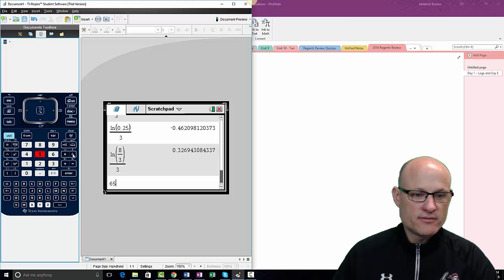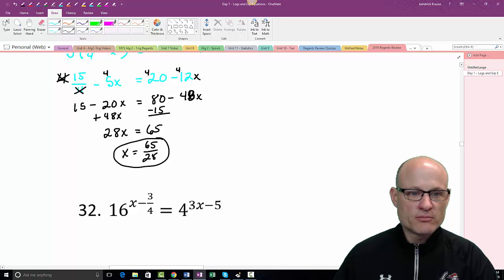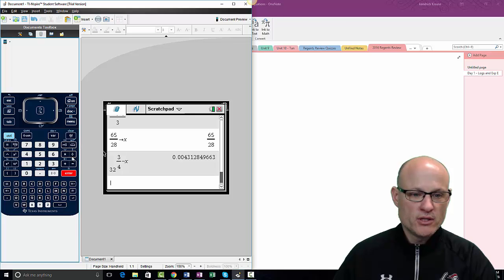65 divided by 28. We'll store this into x. Just seems wrong to me. And we'll go back to the original problem. The original problem was 32 raised to the 3 divided by 4 minus x, 16 raised to the 5 minus 3x.